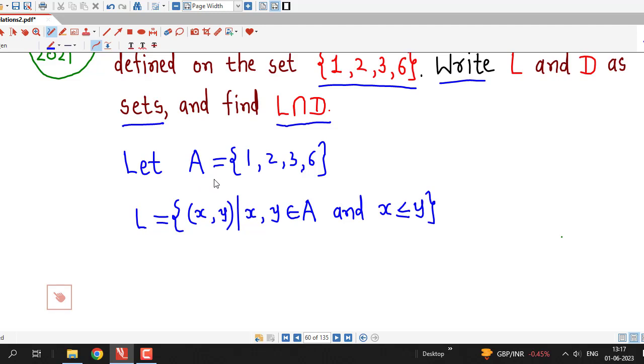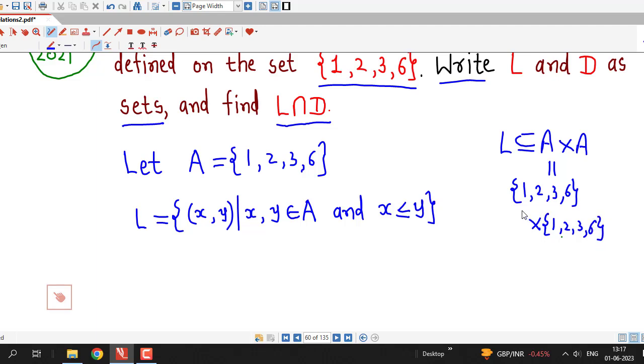L is a relation on set A, that means L is a subset of A cross A. A cross A means the Cartesian product of this set {1, 2, 3, 6} with itself. The Cartesian product of set A with itself will have 16 ordered pairs.